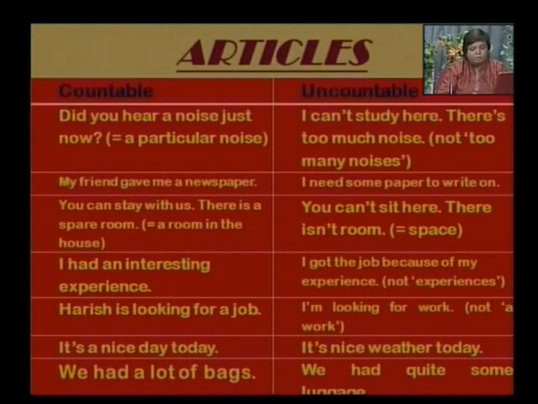I got the job because of my experience. તમે અનુભવી છો એટલે તમને આ જોબ મળી અથવા નોકરી મળી. Alright, so once again, in the left hand column, experience is countable. In the right hand column, experience is uncountable.